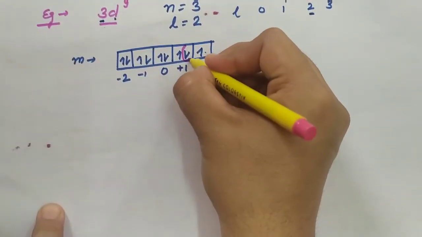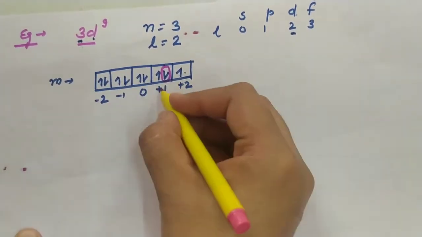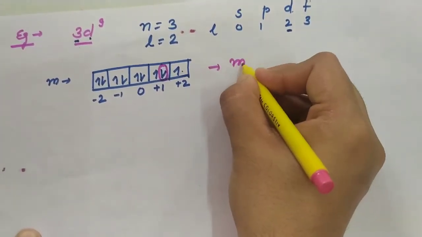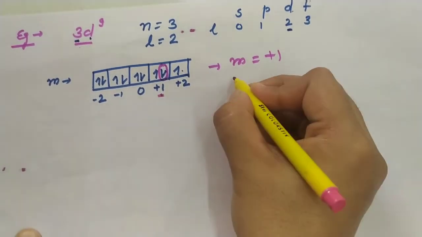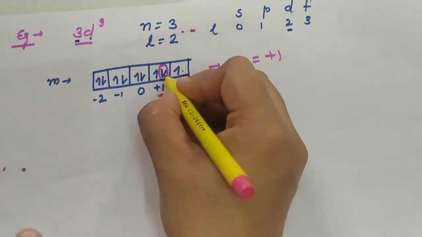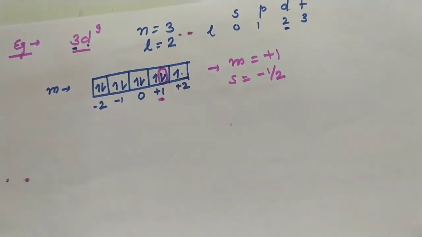It means you have to find all the quantum numbers of this electron. Okay. For this, the value of m is plus 1. And spin, as it is anti-clockwise direction, so the value of s is minus half.